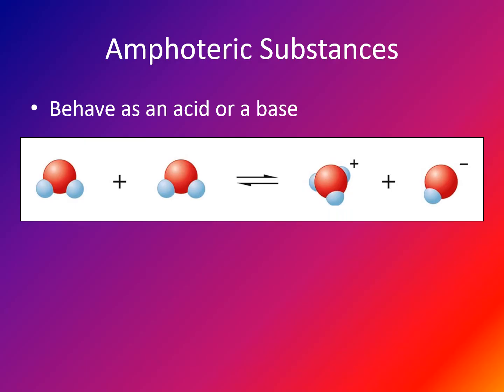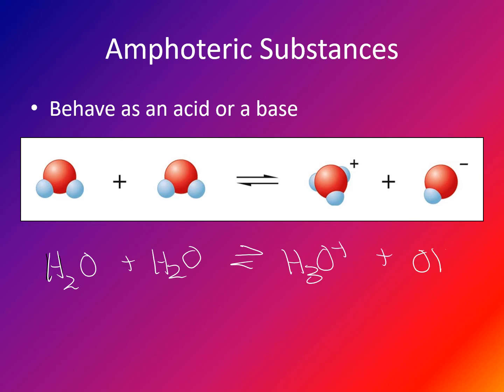A term that I mentioned the other day was amphoteric substances. Amphoteric is something that will act as an acid or a base. If we take a water molecule, it will ionize with itself and form hydronium ions and hydroxide ions. So this is just liquid water.